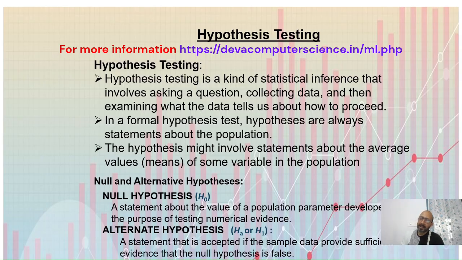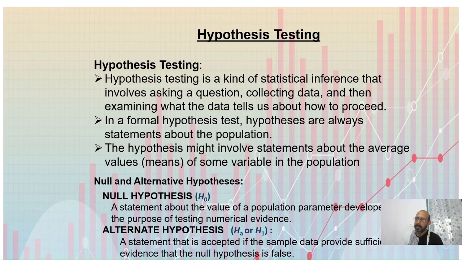The hypothesis might involve statements about the average values, means, of some variable in the population. So, it is an educated guess about something in the world around you, either by experiment or observation.